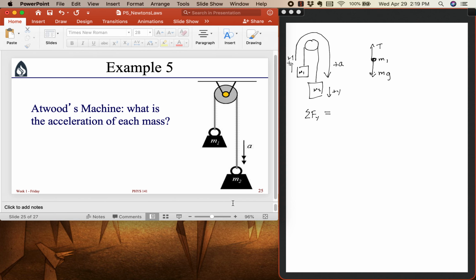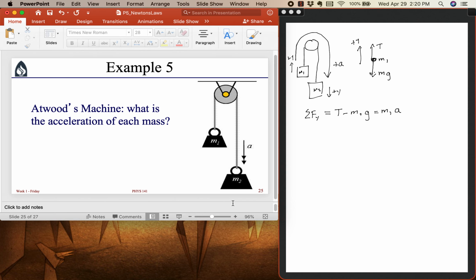So as we said before, this mass is going to be accelerating upward, so upward is my positive y direction. So that means I would have tension force minus m1g is going to be equal to m1 times its acceleration.